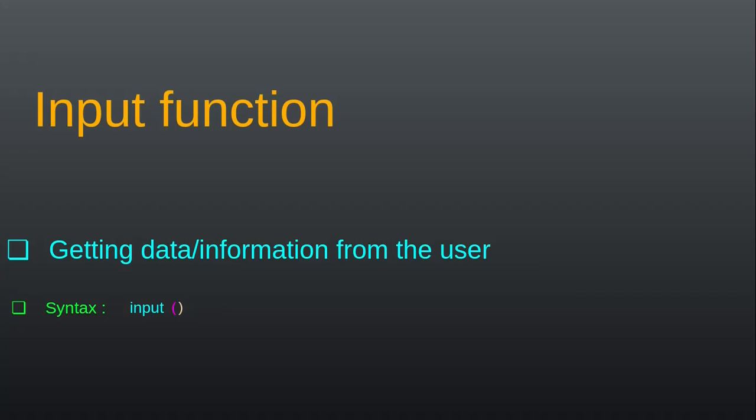And then what happens is you provide a closing parenthesis, right? With an input function, you can also provide a value inside the parenthesis. What you provide there is a prompt, the message that is going to be sent to the user. Say for instance you want to collect their name and age.